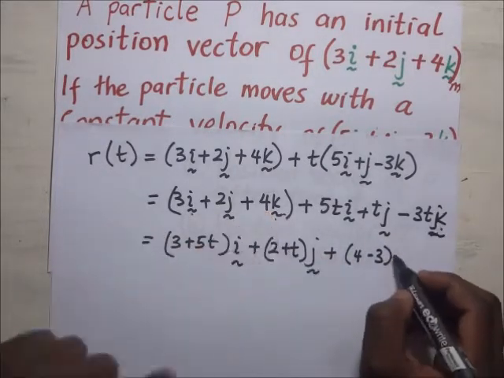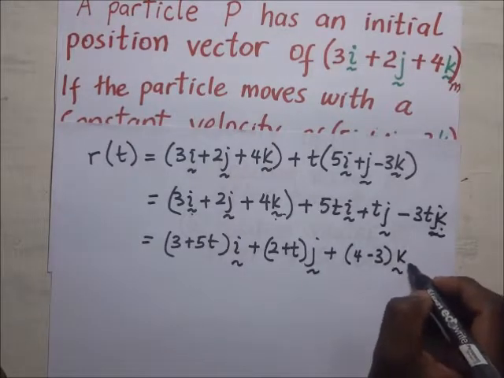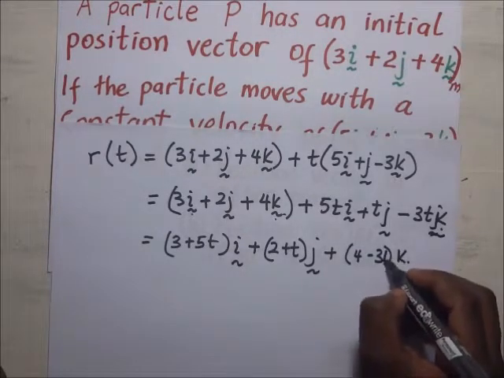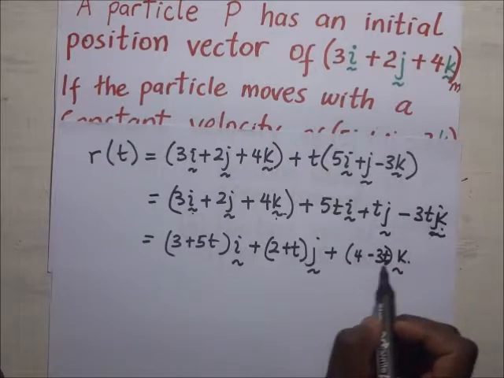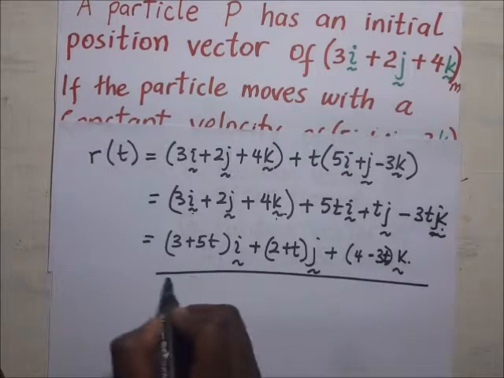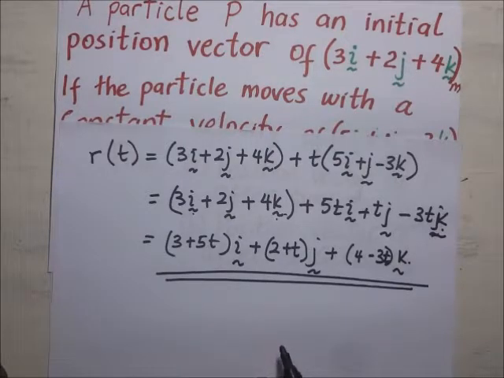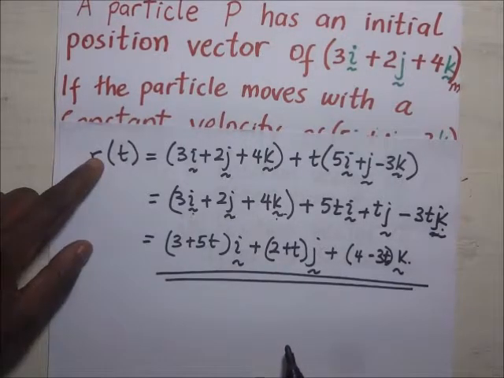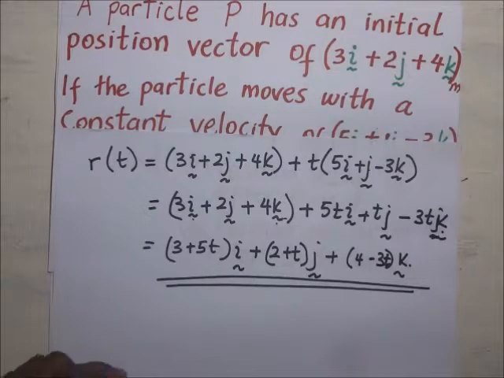So it's 4 minus 3t in k, and definitely this is now the general expression in ijk notation for the position vector of this at any time t.